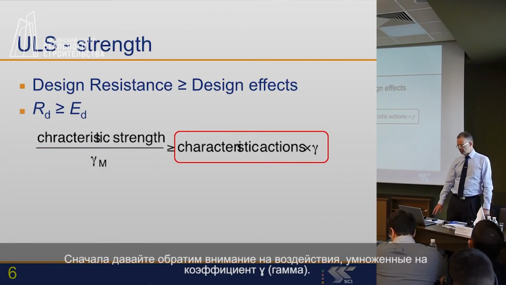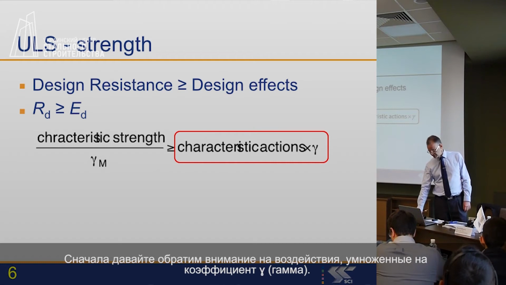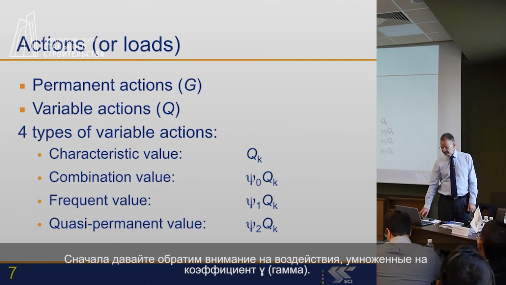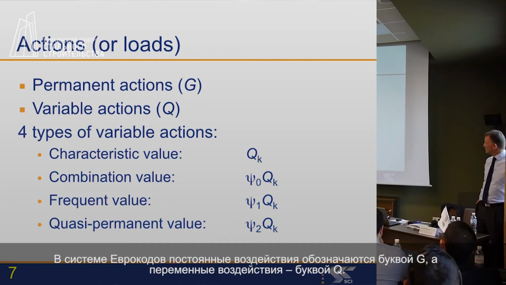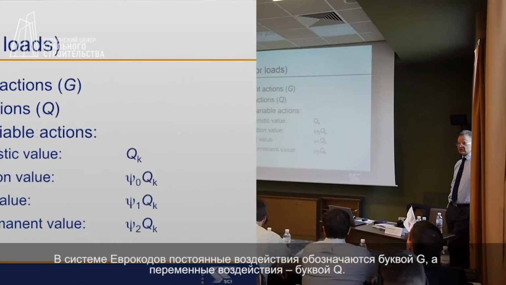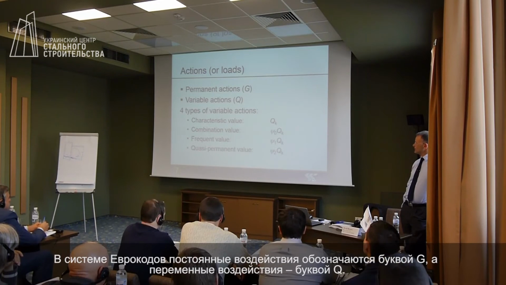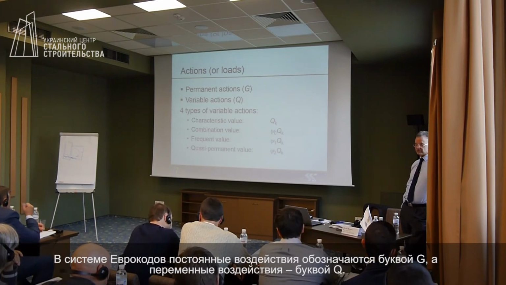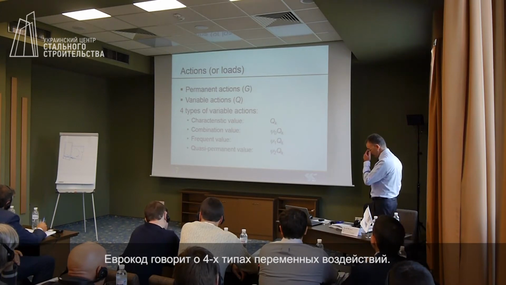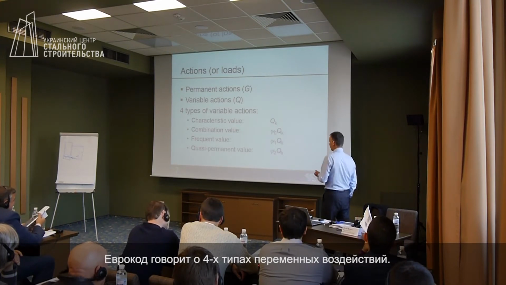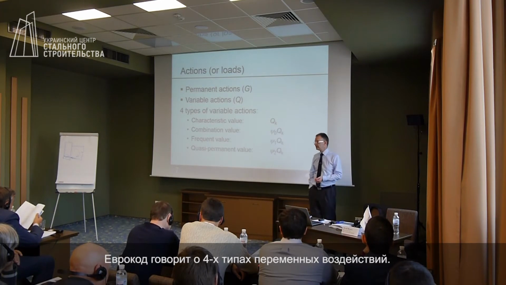So first of all, let's think about the actions multiplied by a gamma factor. In the Eurocode system, the permanent actions are indicated with a G, and the variable actions are indicated with a Q. And then the Eurocode talks about 4 varieties of variable actions.